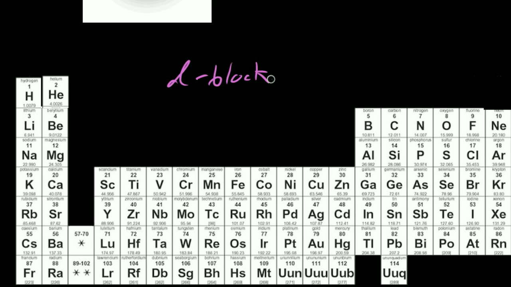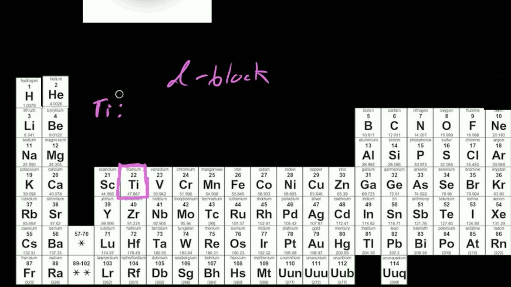Let's take an example. Let's say we were looking at titanium. Its atomic number is 22, and we're looking at the neutral atom, so we need 22 electrons around titanium.